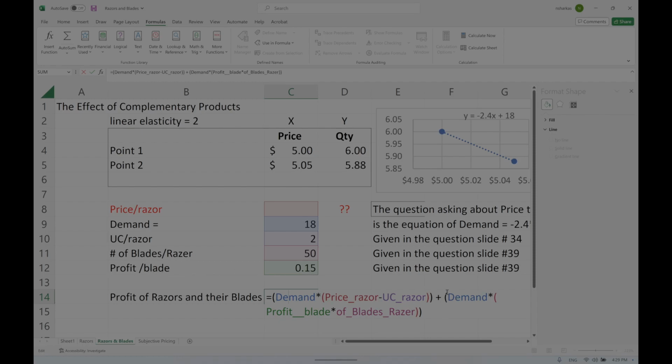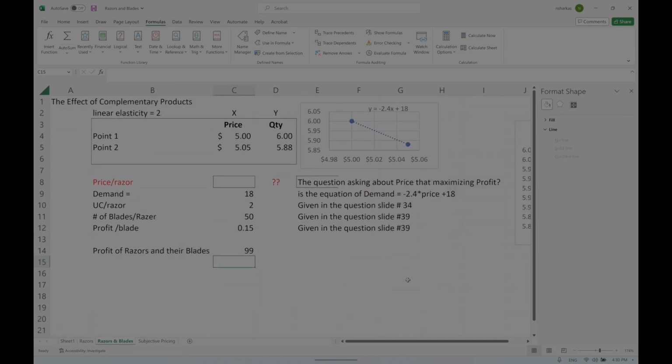Okay, so now this is how we get this formula. This is the profit formula, and now we are going to set up our optimization problem.